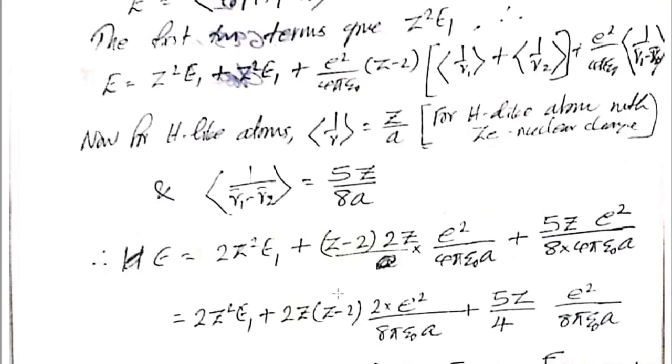E1 into 2Z into (Z - 2) into, this can be written as 2e²/8πε0, that is 2 is multiplied in both numerator and denominator, then 5Z/4 into e²/8πε0a. Now e²/8πε0a is the ground state energy of hydrogen atom.